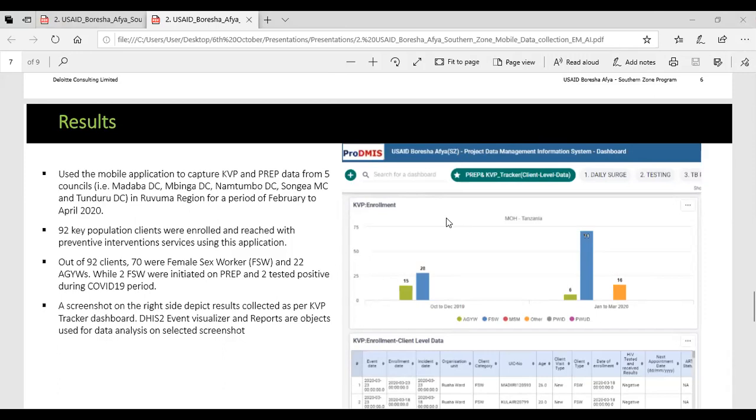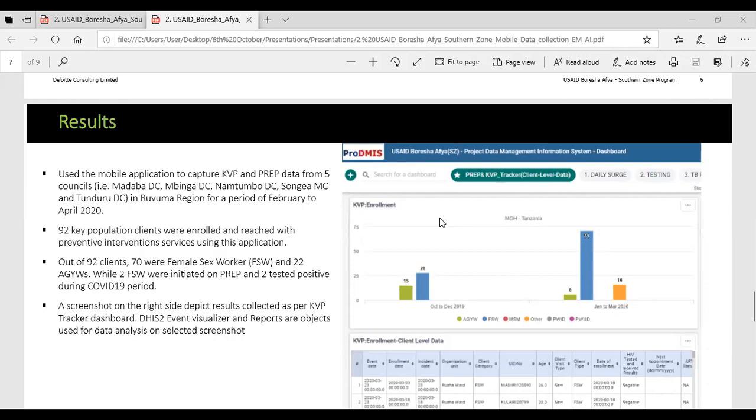And we managed to enroll 92 key population clients, which were reached through this technology. Out of 92 clients, 70 were female sex workers, and 22 were AGYW. And also 2 female sex workers were initiated on PrEP, and 2 tested positive.